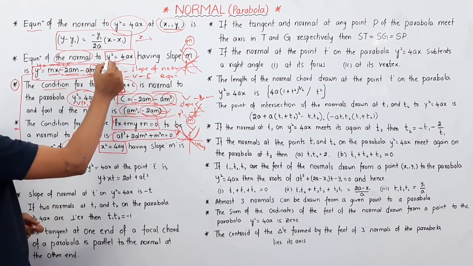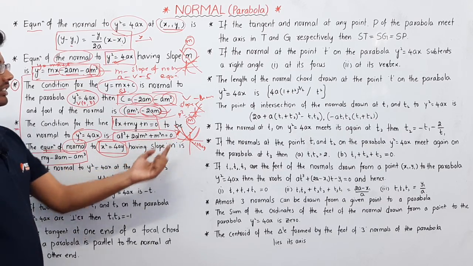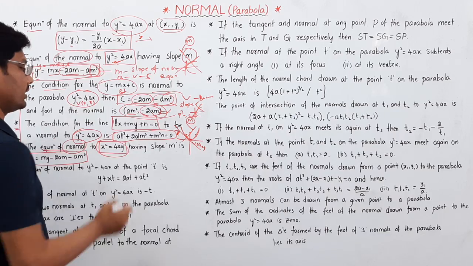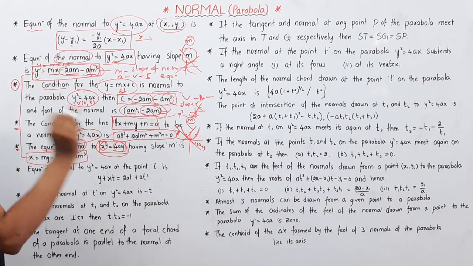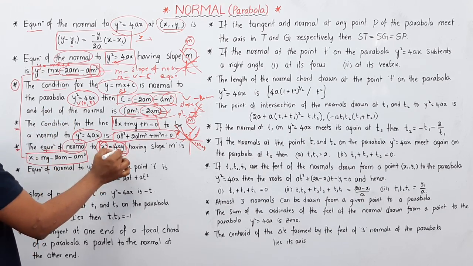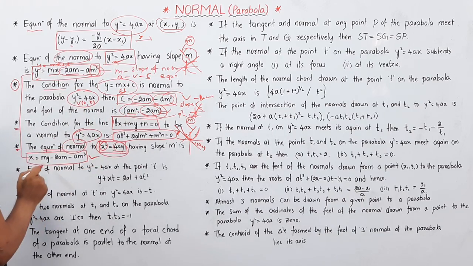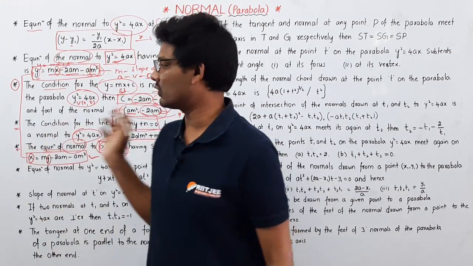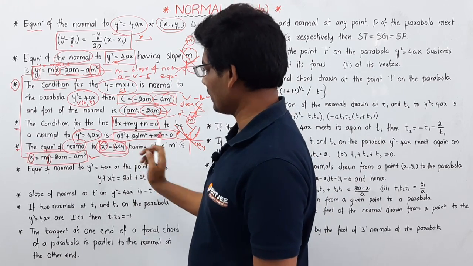This is the standard form of parabola, in the first and second quadrants, with the positive side, and if slope and the parabola are given, this is the condition. Just replace x and y to get the condition for the normal. It is easy to remember this formula. All five points are completed.